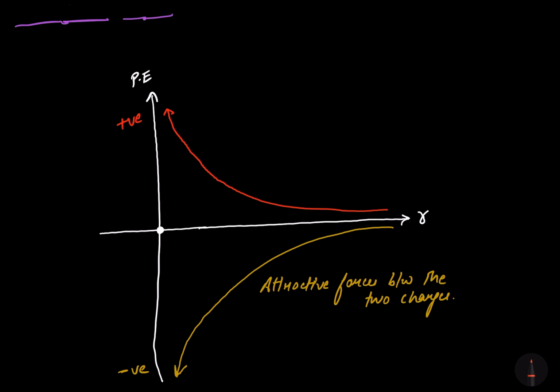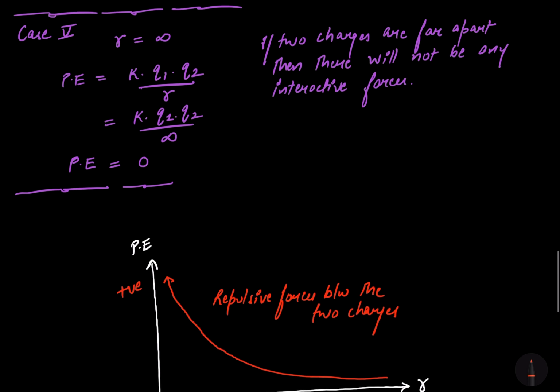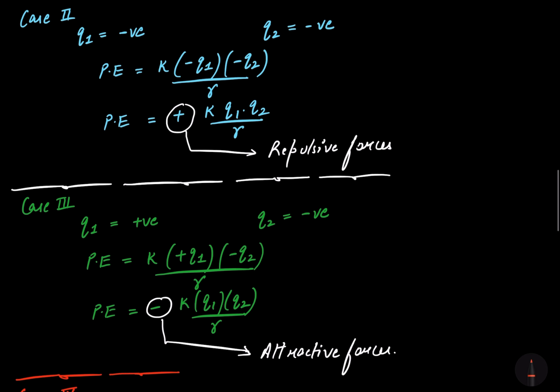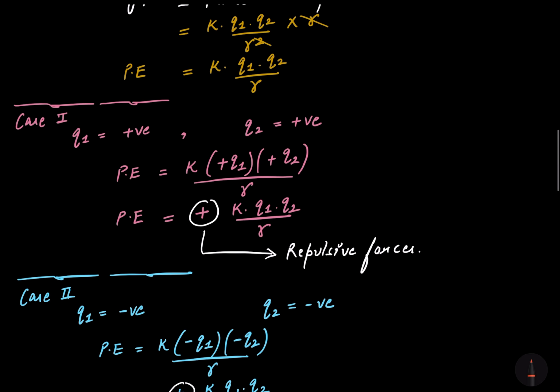So that means there will be repulsive forces between the two charges. So that was the topic for today. Now we will apply this topic in the very next lecture in finding the effective radius of nucleus.